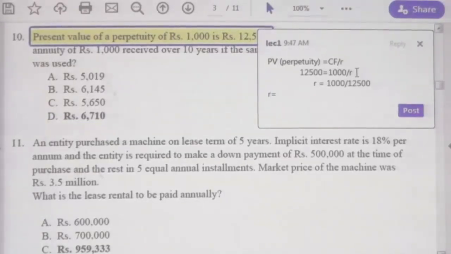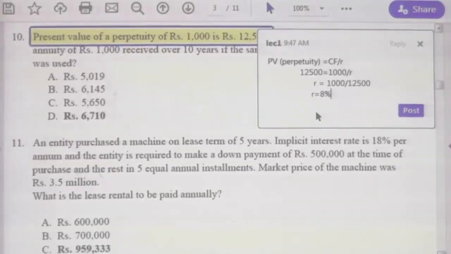R equals 8%. The interest rate is 8%. Now, for this perpetuity, the interest rate is 8%.